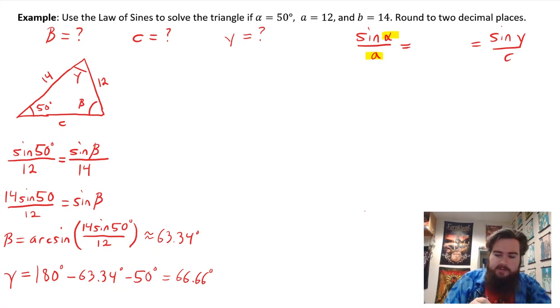So then, if I want, in this case, C, what I'm going to do is structure this ratio so that the side lengths are on top.